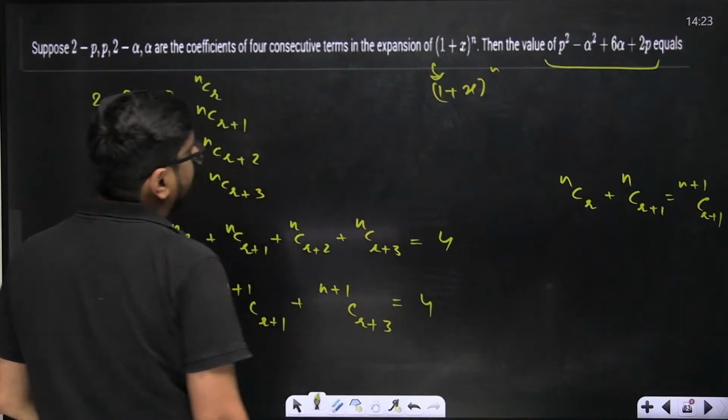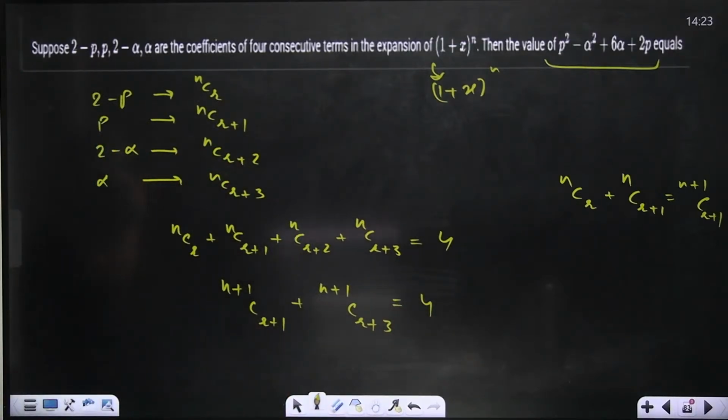But I think there is some more problem. How will we be able to solve? p, q and all are not given to us. n is also not given to us.